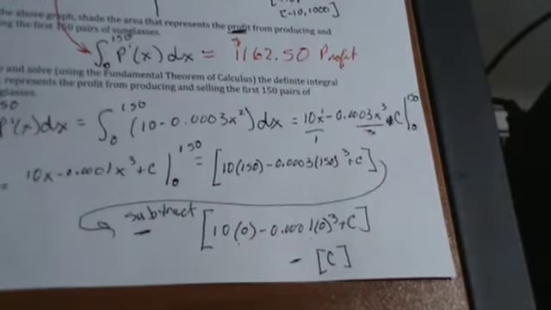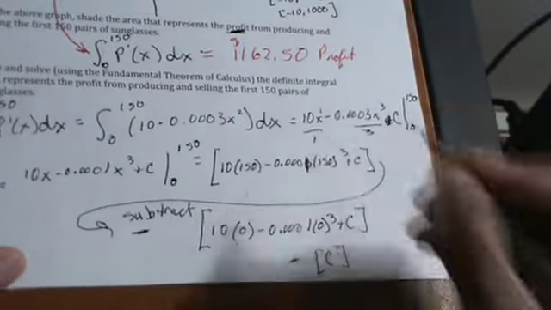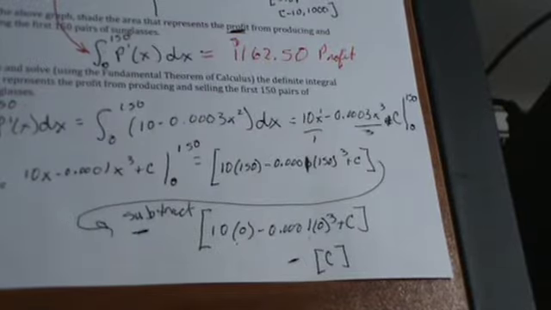All right, so I'm going to plug this into my calculator. So 10 times 150. I made an error. I wasn't paying attention. This should be a 1, right? Remember, I am human. I'll try to make as few errors as possible.